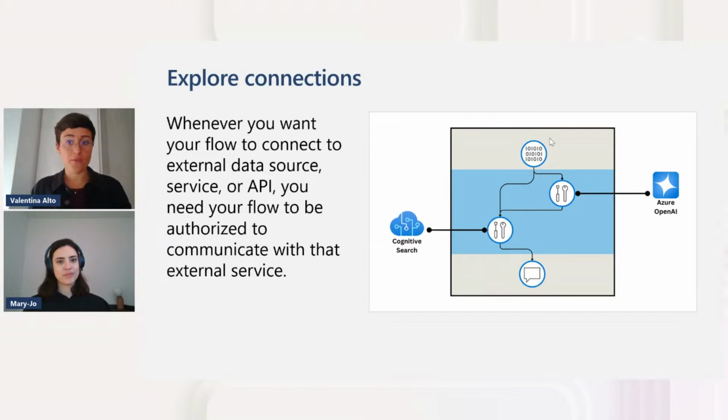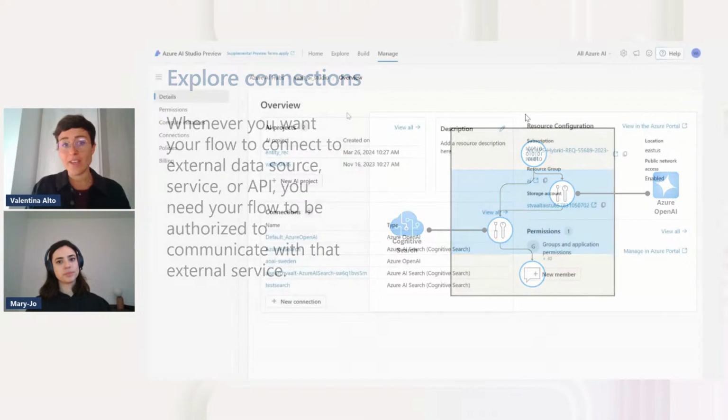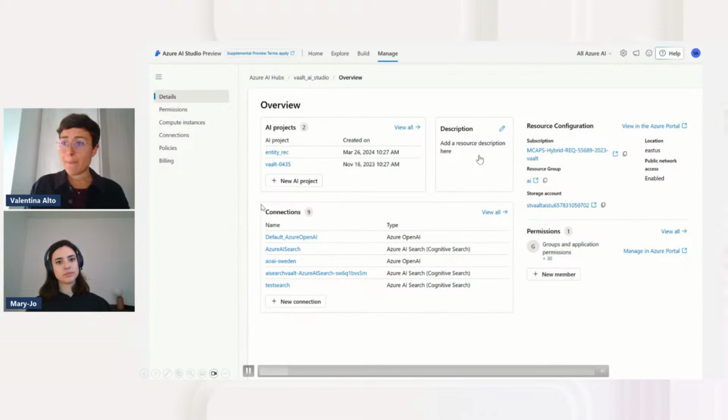For example, if you want to leverage the Azure OpenAI models, you might want to connect your flow to the API and endpoint that is your Azure OpenAI instance. Now, there are some connections that are built in out of the box, others that are not, but the good news is that you can always create a custom connection specifying key value pairs, and we will see it in a very short demo. So let's see this video.